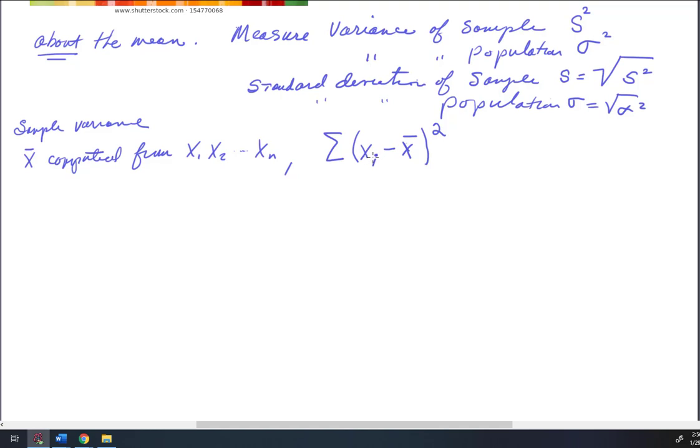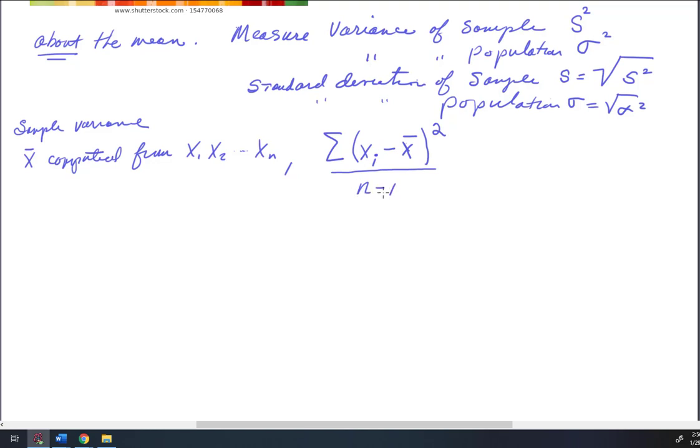And that is if I've got a really big data set, I could have small contributions for each xi, but whenever you add them all up, you could get a big number, indicating lots of variability, but maybe each individual had a very small amount of variability. So the solution there would be to normalize this sum by dividing by n minus 1.